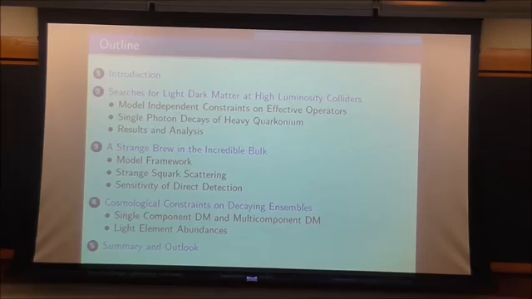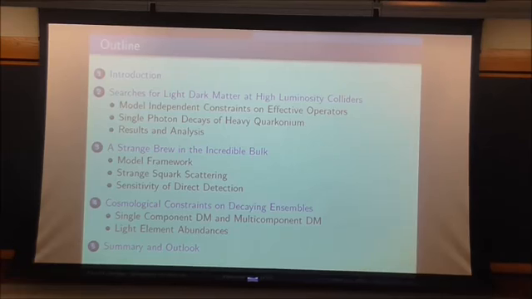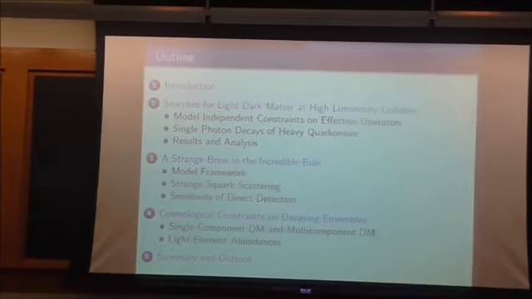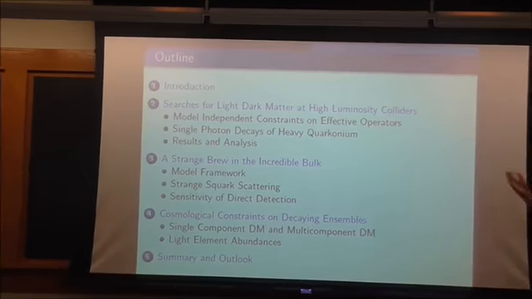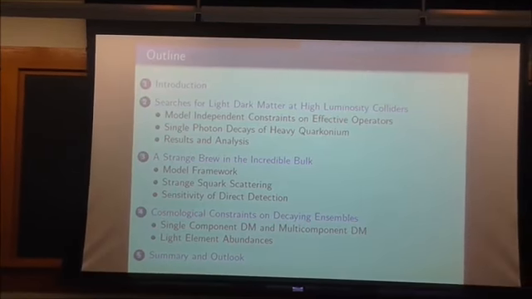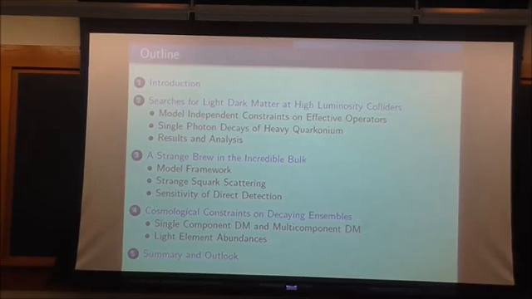So I'm briefly just going to motivate normal WIMP dark matter and outline how the things that we're looking at are slightly different. In particular, the three projects I'll be talking about are looking for light dark matter in bound state decays at high luminosity colliders.